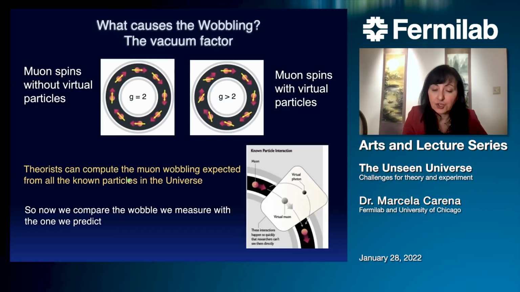We do this calculation very accurately, and then we can compare the wobble we measure in the experiment with the wobble that we predict, just assuming all the interactions of the muons with virtual particles of the particles we know exist.